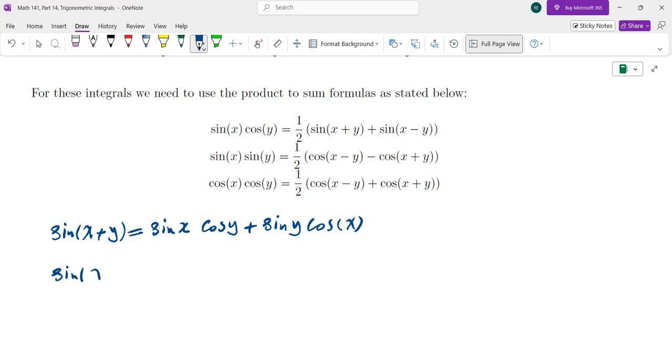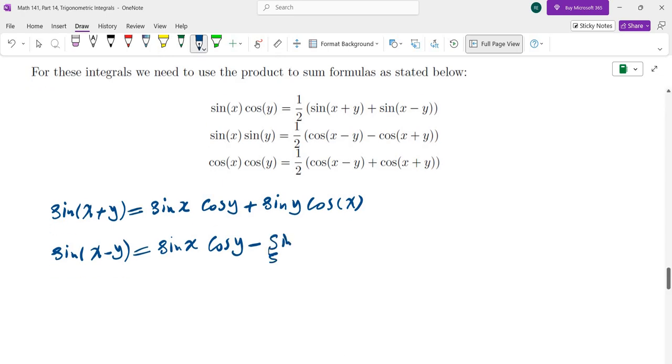And if we do sine of x minus y, we replace y by negative y. Cosine of negative y and cosine of y are the same because cosine is even. Sine of negative y is negative sine of y because sine is odd. Sine is an odd function.